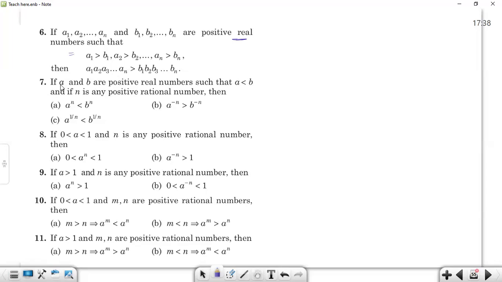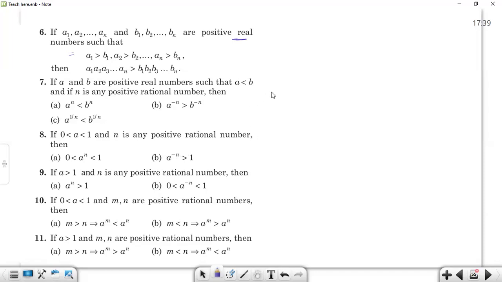If A and B are positive real numbers, such that A is less than B, and if N is any positive rational number, then A raised to power N is less than B raised to power N, and A raised to power minus N will be greater than B raised to power minus N. And A raised to power 1 by N is still going to remain less than B raised to power 1 by N. So these are the properties.